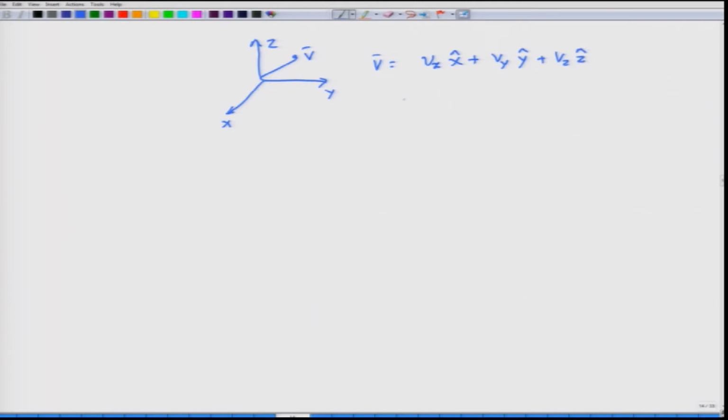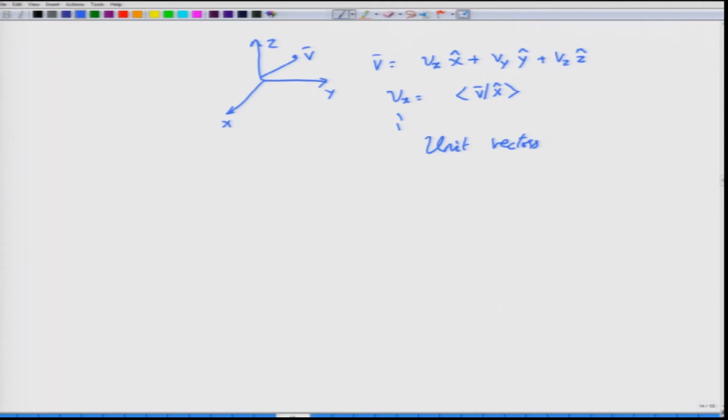What are these values Vx, Vy and Vz? Vx is in fact given by the inner product of the vector V with the unit vector x hat, and similarly Vy and Vz. Okay. And these vectors x hat, y hat and z hat are called unit vectors that completely specify all the other vectors in this 3-dimensional space.